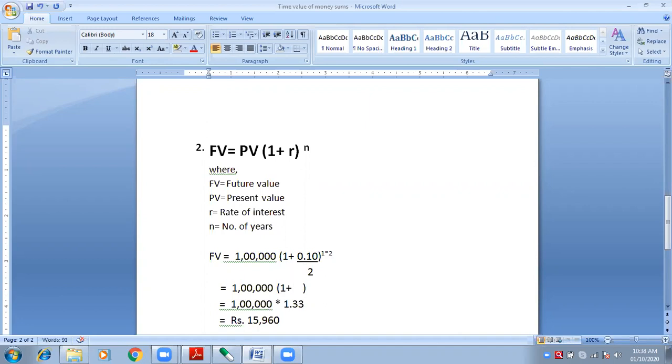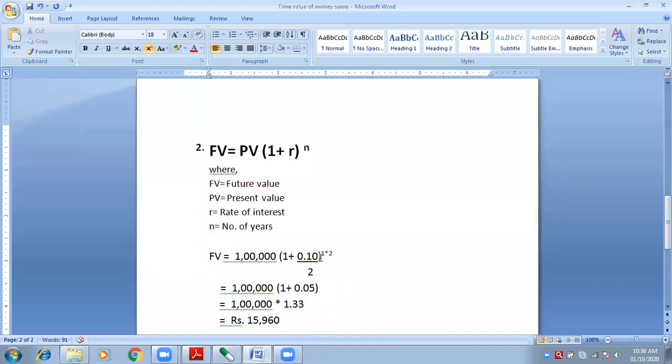Because first we have to divide, no? 0.10 divided by 2. What is the answer? 0.05. Yes, very good. This is what we have solved inside the bracket.